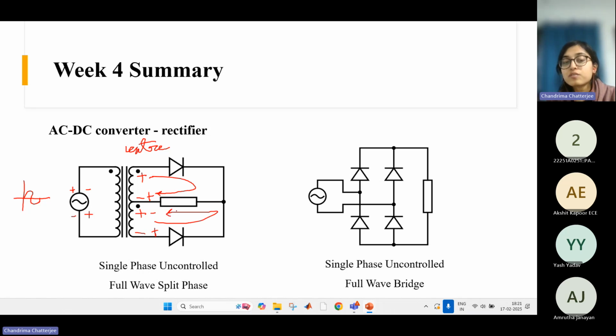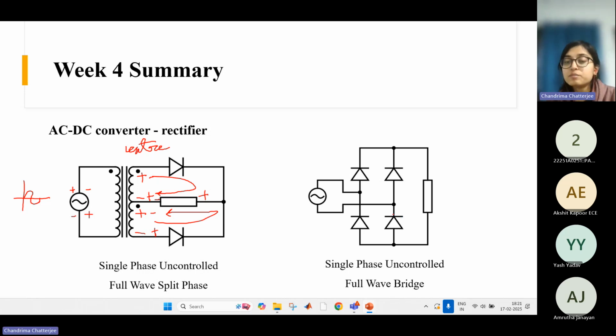And observe one thing, that here the current direction is the same for both half cycles. Here also the current flows from this to this, so the voltage drop will be like this. And here also the current flows from this point to this point, so the same voltage drop across the load. So in both half cycles we can have some voltage, right?